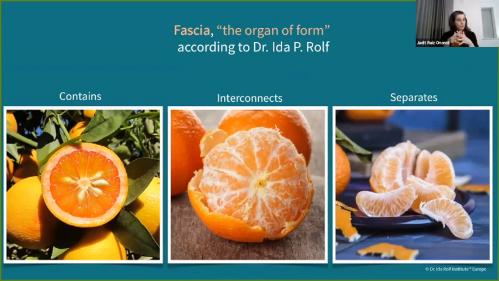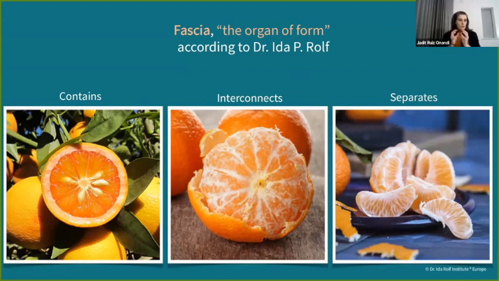It has fibers, and those fibers enter into the fruit to contain and separate each segment of the orange. If you continue looking further, it also goes into the segment to contain and separate each microsegment.